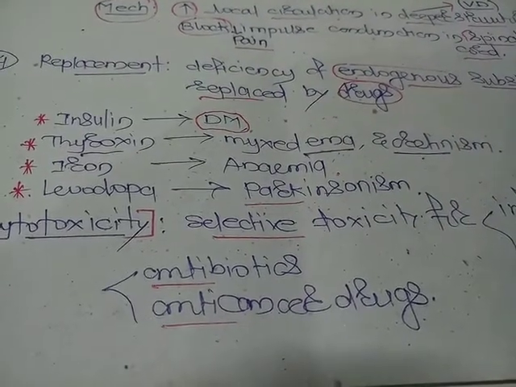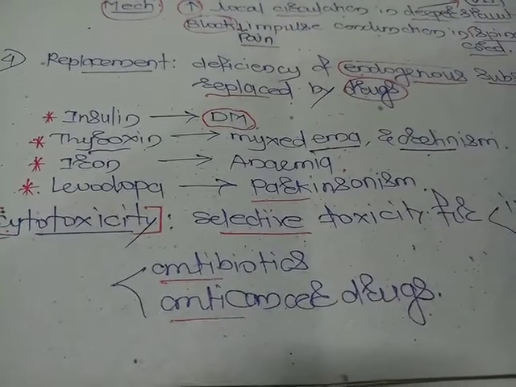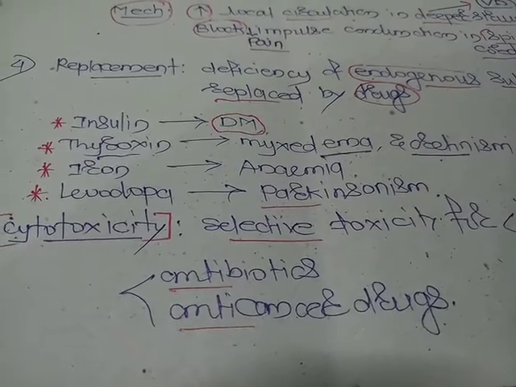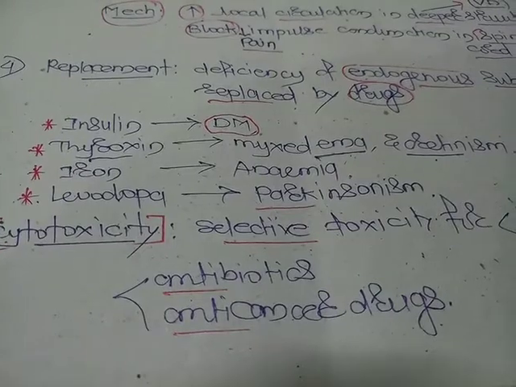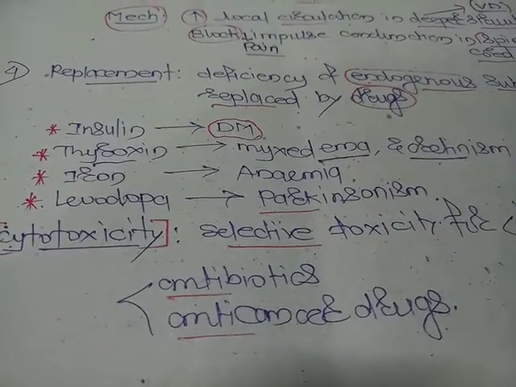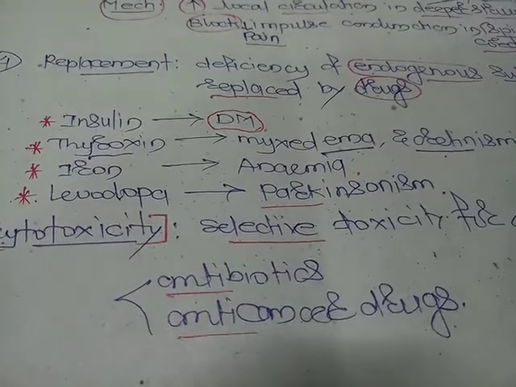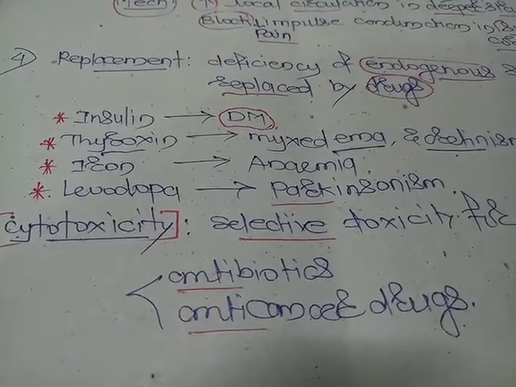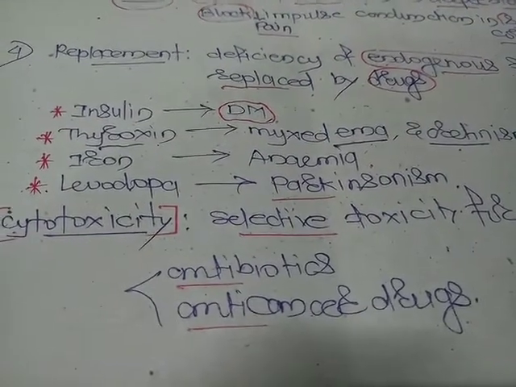In case of myxedema and cretinism, there is a deficiency of thyroxine. In case of iron deficiency anemia, there is a deficiency of iron, so we have to prescribe various oral and parenteral iron preparations. In Parkinsonism, there is a deficiency of dopamine, so we have to give dopa precursors like levodopa.